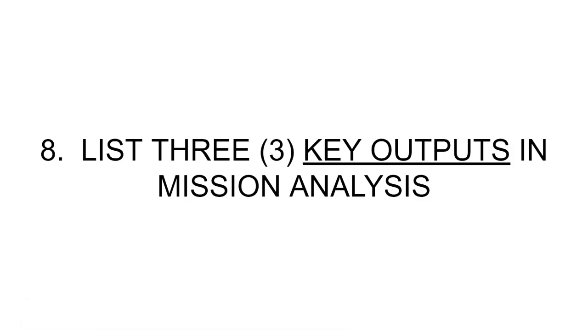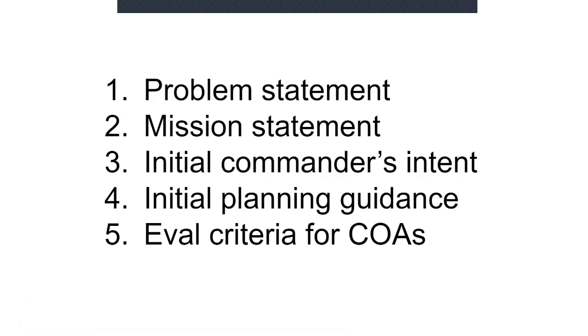You should have 8 outputs. So I'm asking to name at least 3 outputs. Listed 5 here. They are problem statement, mission statement, initial commander's intent, initial planning guidance, evaluation criteria for COAs.